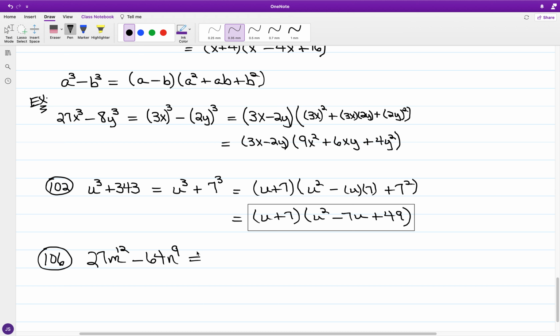So we have this one, okay, so we have a difference of cubes, okay, and in terms of, if we write in terms of a cubed minus b cubed, so in a way we're going to be looking at taking the cubic roots of each of these terms, okay, and there's a bit of power property of exponents consideration that will be involved. Okay, so for 27 m to the 12th, okay, we have like the cubic root of 27, that is at 3. And that times itself will give you m to the 12th. That is going to be m to the 4th.